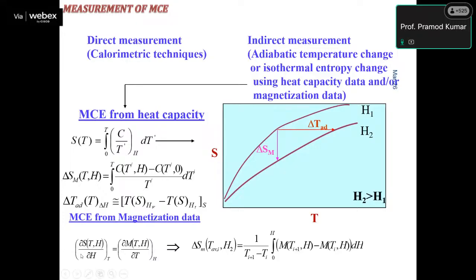Of course, if you have the magnetization data, then you can also calculate the change in entropy using this equation. But to measure the change in temperature, we use the MH isotherms. MH isotherm means you have magnetization data at different temperatures up to Tc.